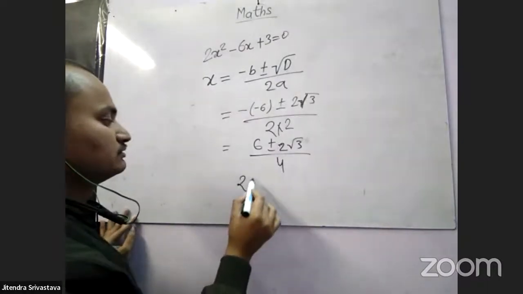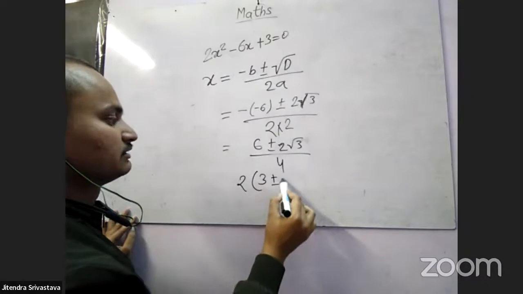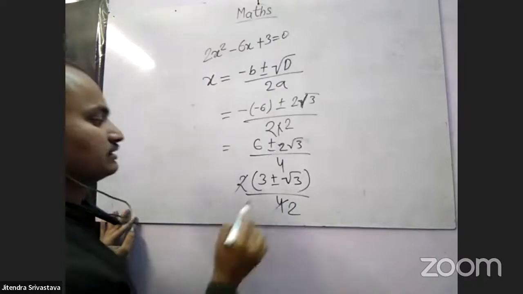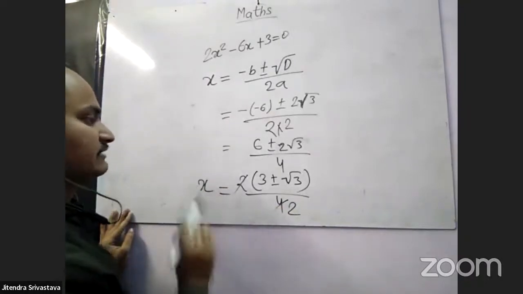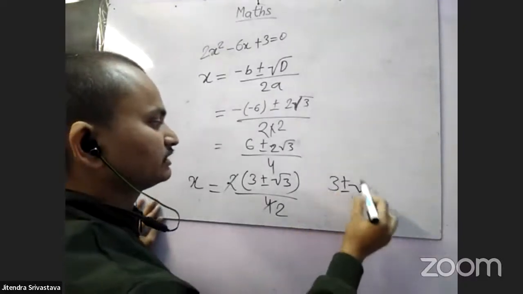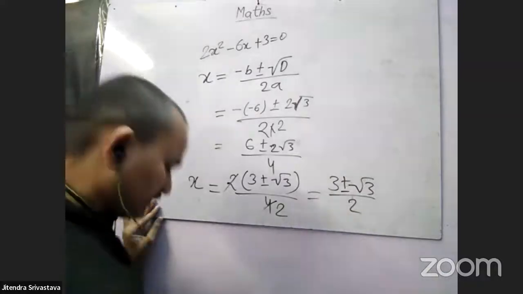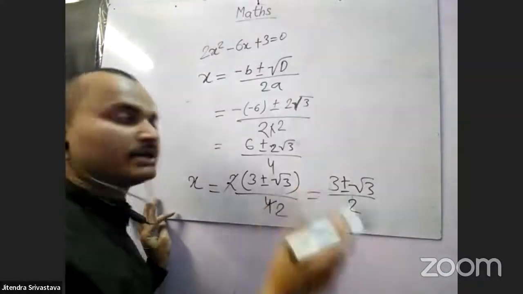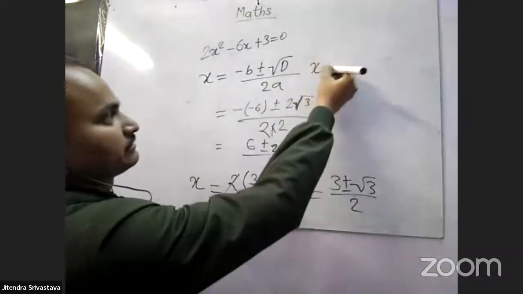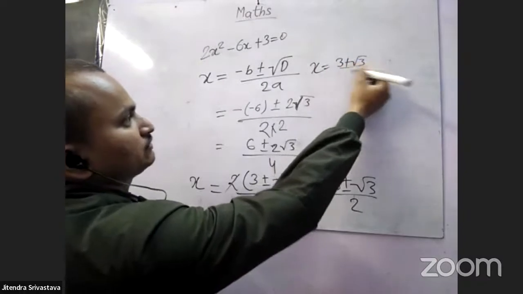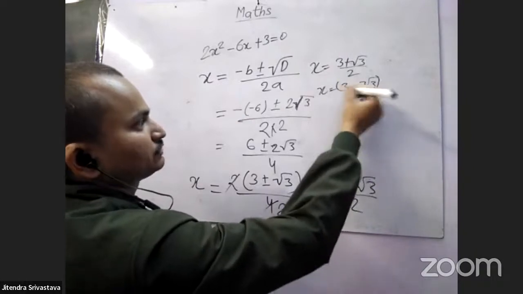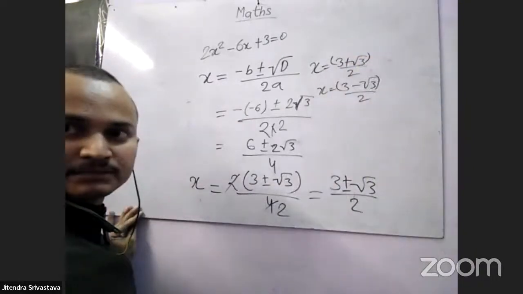So it will be 2 times 3 plus minus root 3 upon 4. Now we divide this, we are getting 2 here. So the value of x will be 3 plus minus under root 3 upon 2, either plus or minus. It will be 3 plus under root 3 upon 2 or 3 minus under root 3 upon 2. These two values will be there for x.